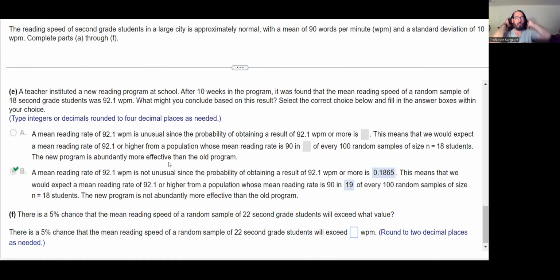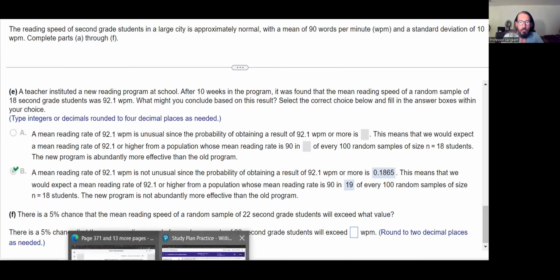Okay. I think this is the last part to this question. There's a 5% chance that the mean reading speed of a random sample of 22 second grade students will exceed what value? In this case, we are working backwards.